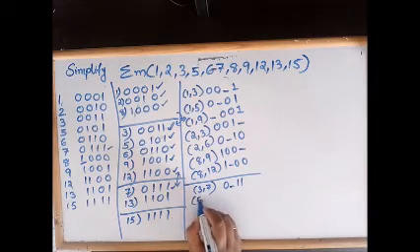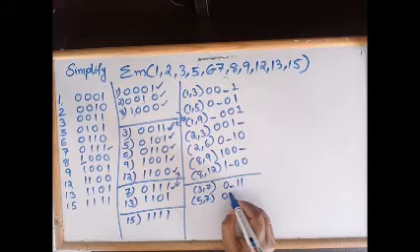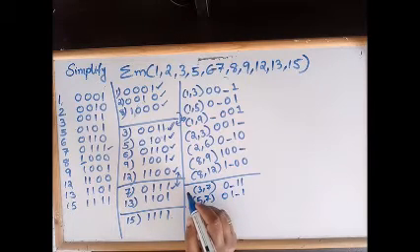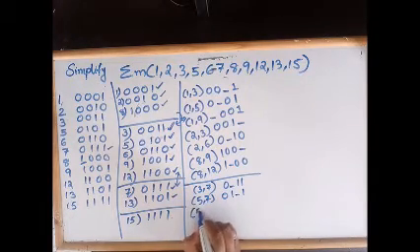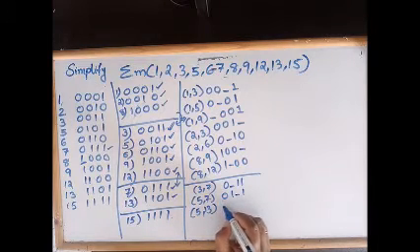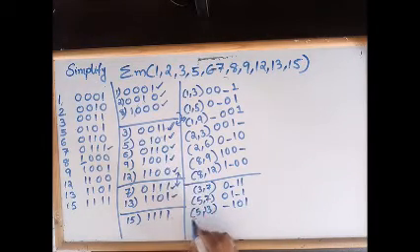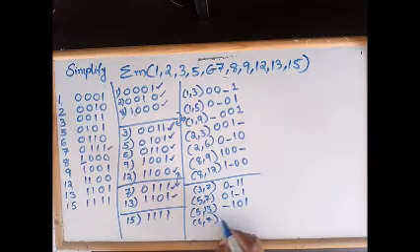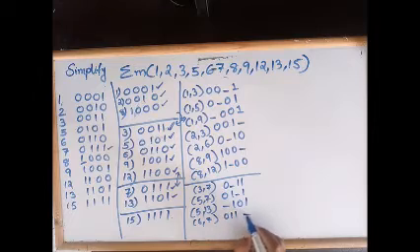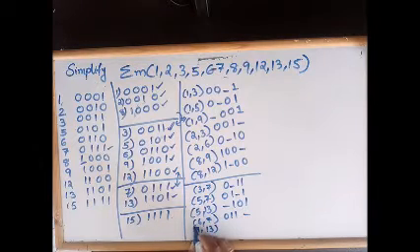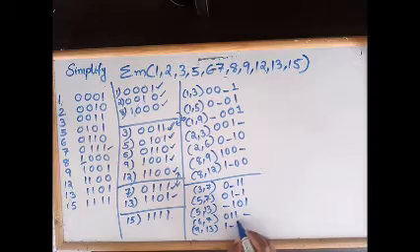So it will be 5 comma 7 with 0 1 dash 1, then 5 comma 13 with dash 1 0 1, and then 6 comma 7 with 0 1 1 dash, and then 9 comma 13 with 1 dash 0 1, and 12 comma 13 with 1 1 0 dash.